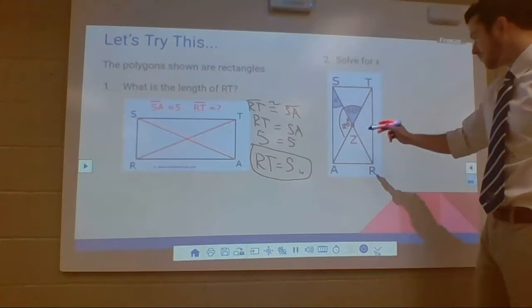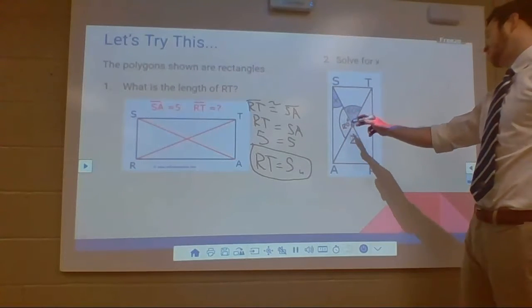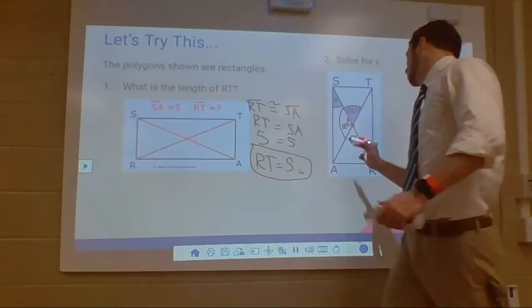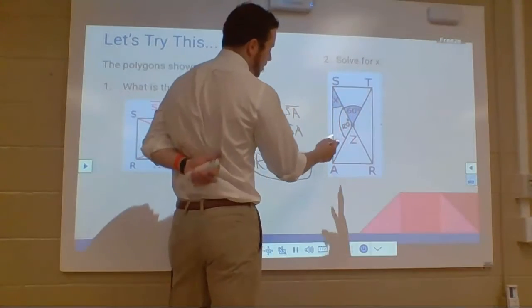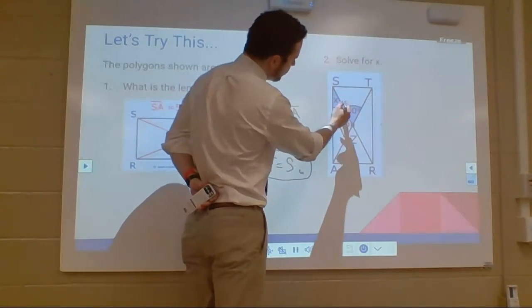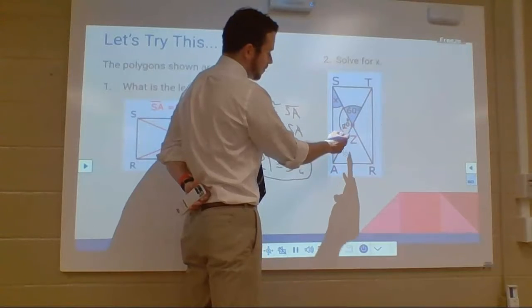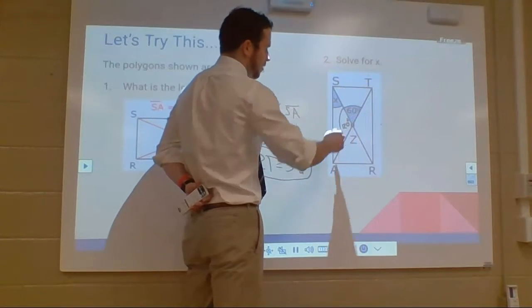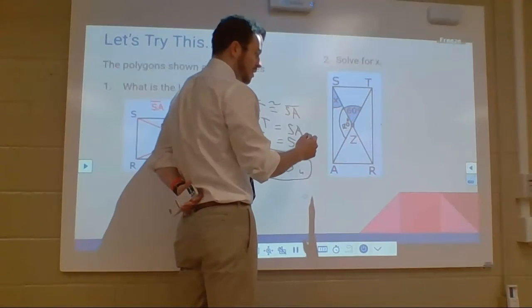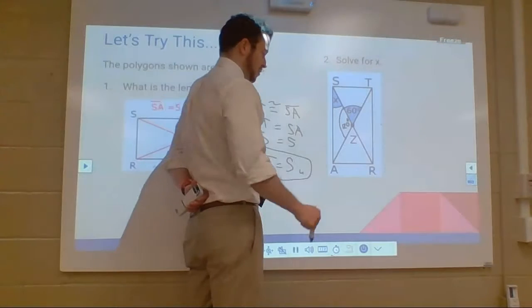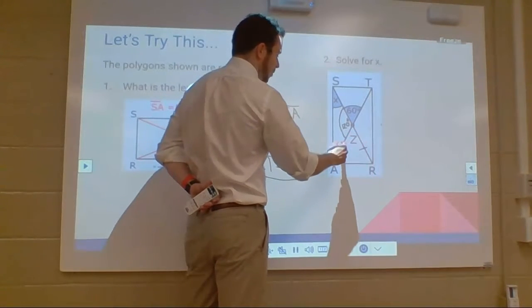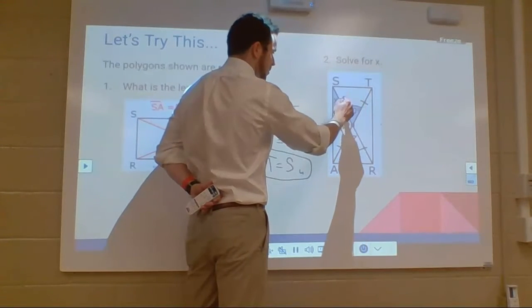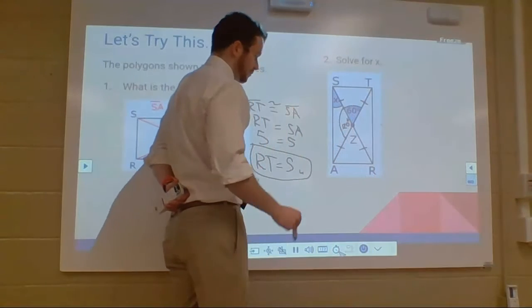So that angle at the top of that triangle would be 120 degrees. Now, we know that the diagonals of a rectangle are congruent and they bisect each other. So like I said earlier, all four of these parts of these diagonals are going to be congruent.